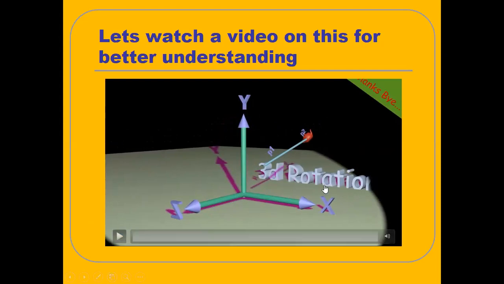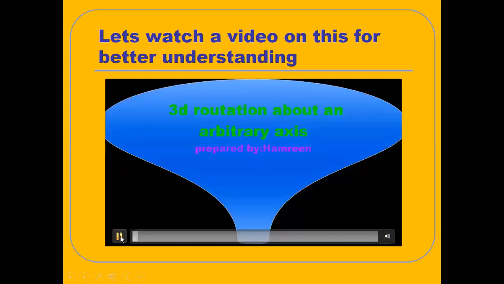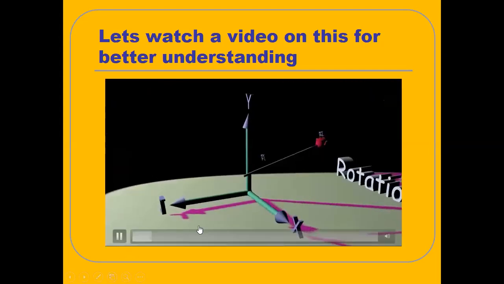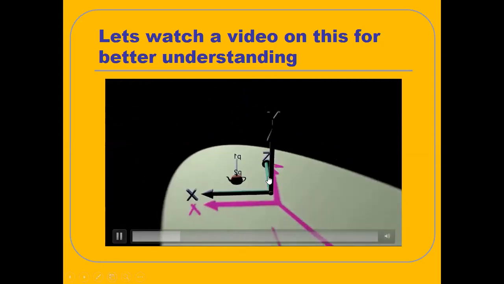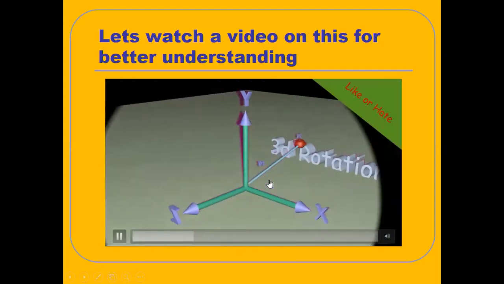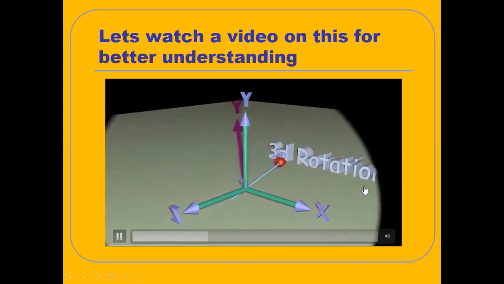Let us look again. Let's say this is the arbitrary axis and the teapot is your object that needs to be rotated, and P1, P2 are points; this is actually a vector. Now we'll play again. First step, the arbitrary axis in space, which is not at all parallel to any of the coordinate axes, bring it to the origin.